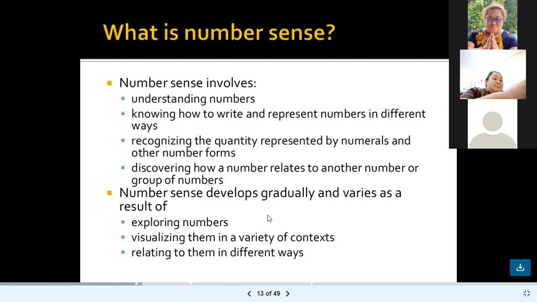Discovering how a number relates to another number or group of numbers.